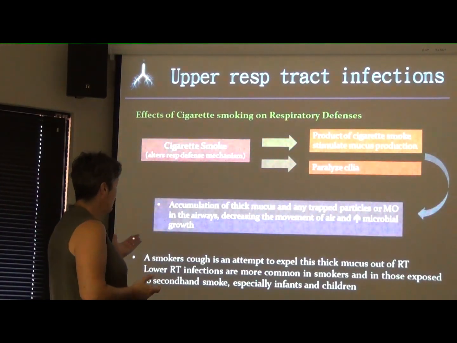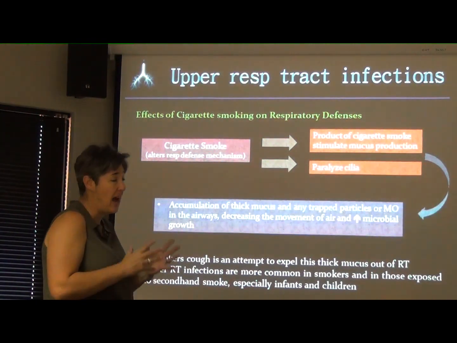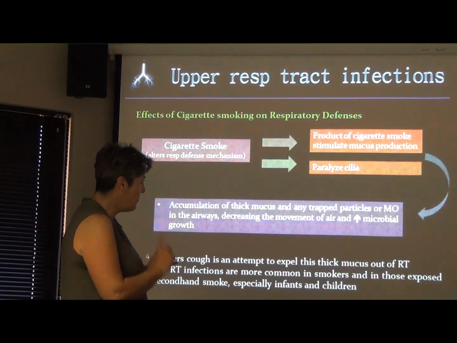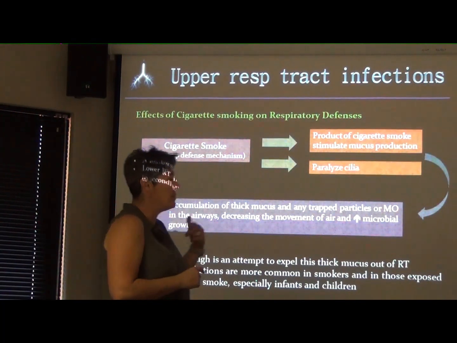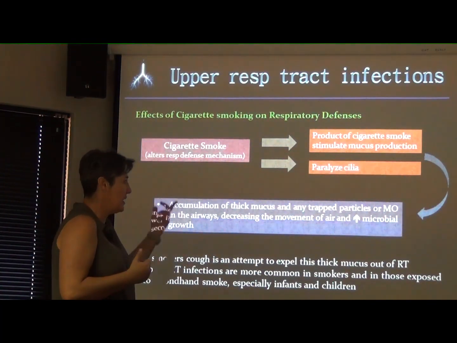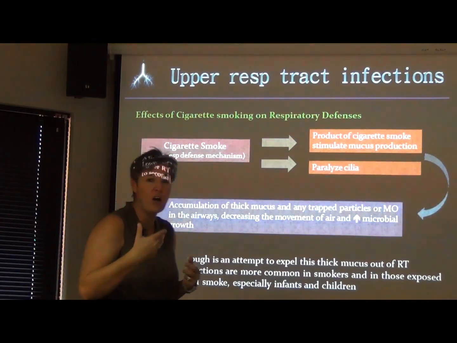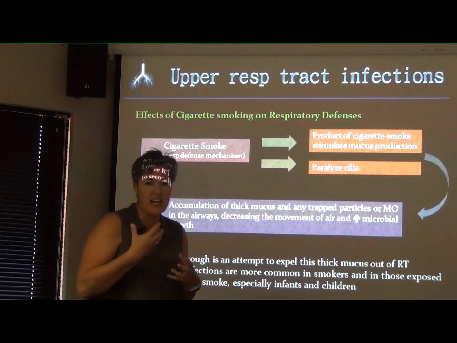First of all, the cigarette smoke itself alters your defense mechanisms. How does it alter them? Cigarettes contain a product, mostly nicotine, which stimulates mucus production. So when you deal with smokers, a lot of them wake up in the morning and you can hear they have a productive cough.